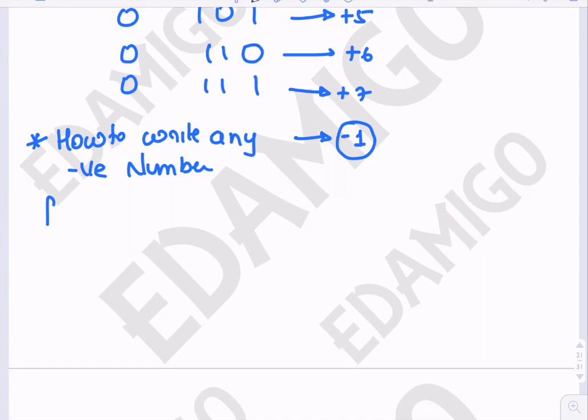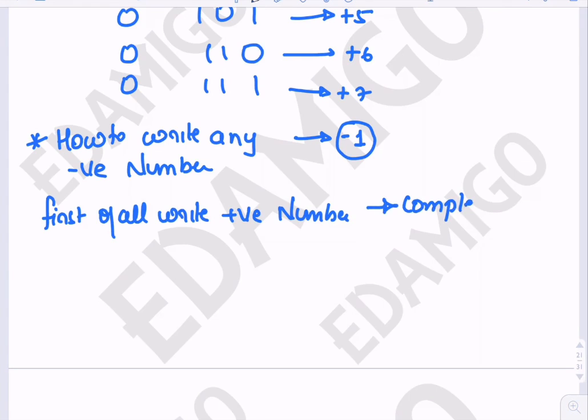First of all, write the positive number. Then complement it, that is, 1 is replaced by 0 and 0 is replaced by 1, and then add 1 to it.